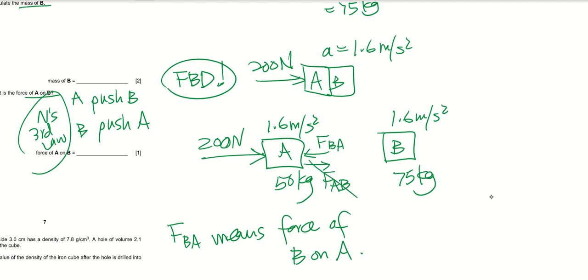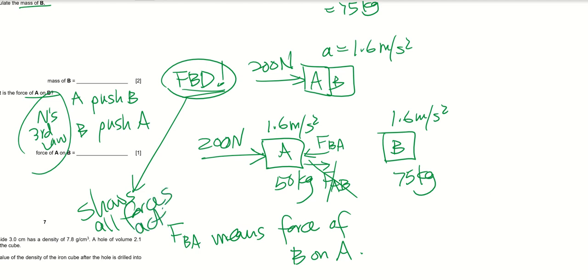We don't draw this because, listen carefully, a free body diagram shows all forces acting on the object. On the object, not by the object. So A cannot be pushing herself.